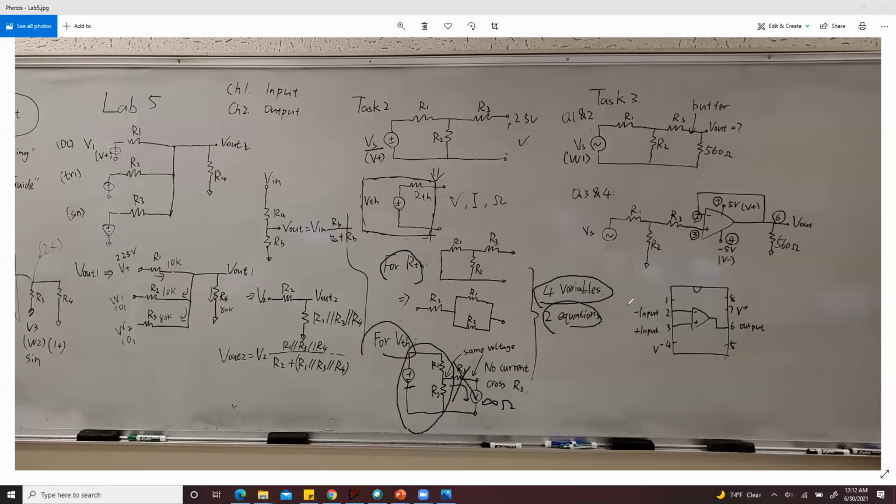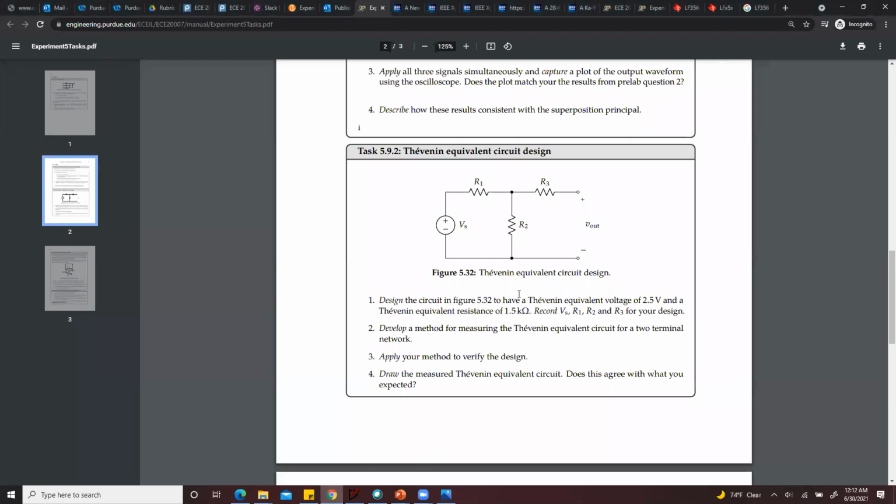As long as you choose a correct answer, that should be fine. All right, so that's question number 1, how to calculate the values.